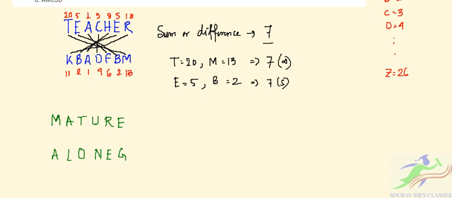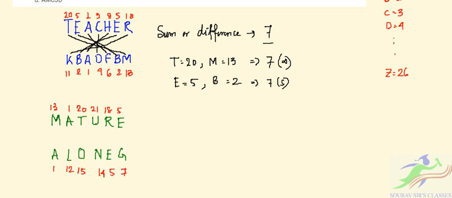Okay. So now if we put these values, M is nothing but 13, A is 1, T is 20, U is 21, R is 18, E is 5. A is 1, L is 12, O is 15, N is 14, E is 5, and G will be 7.